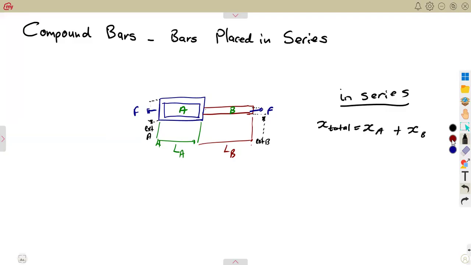As we saw previously, the change in length uses the formula force times length over area times E. Remember this formula when you're using this.